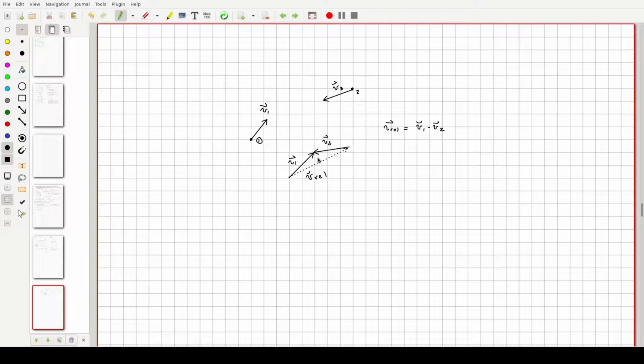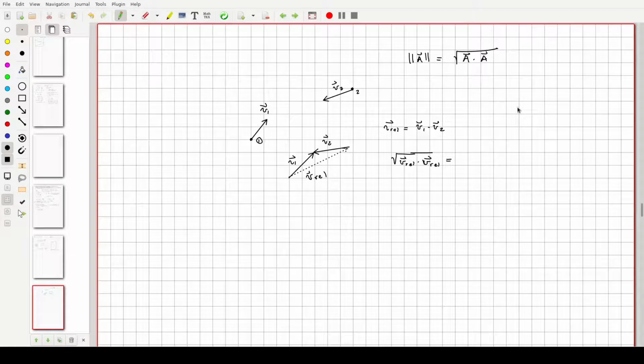So again, one way you can figure out this V_rel, at least in magnitude, because that's what we want, is to take the square root of it dotted with itself. The length of a vector you can find by taking the square root of a vector dotted with itself.